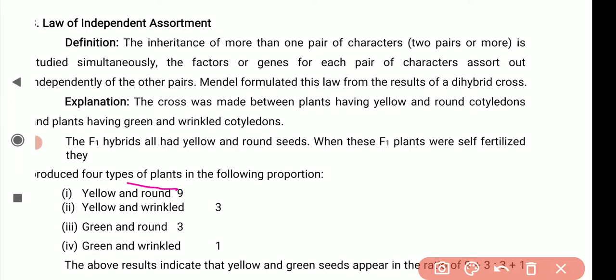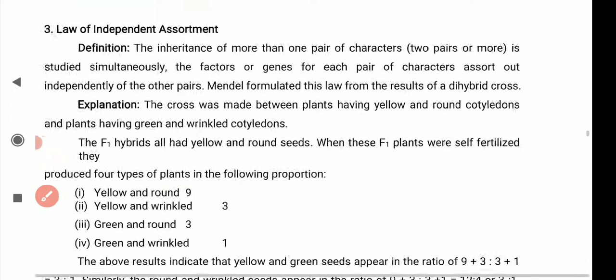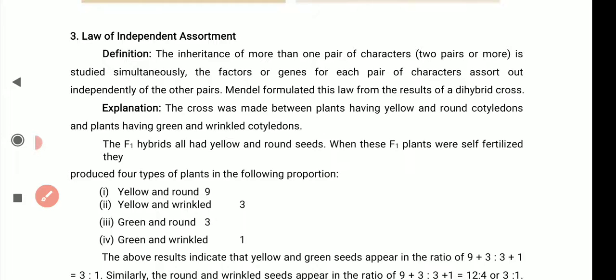Even in that simplified note I had given you, you will see the drawing was of a monohybrid for the law of segregation, and for independent assortment, the drawing was of the dihybrid cross. So here we are talking about the inheritance of more than one pair of characters. I have shown you the dihybrid, but there could be trihybrid, quadrahybrid.